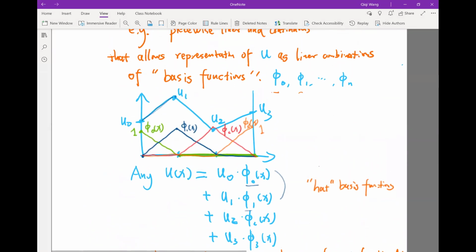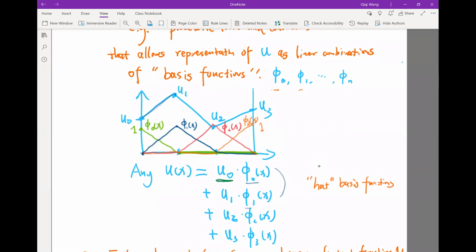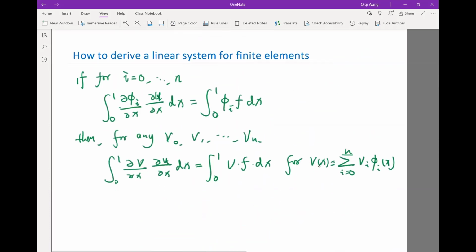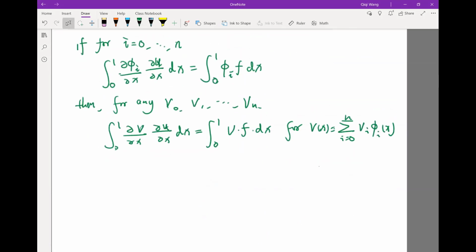And we have 4 unknowns because the solution u can be represented as a linear combination with 4 unknown coefficients. So that gives us 4 equations, 4 unknowns. Okay, so let's actually write down these 4 equations here. These 4 equations are, for n equal to 3, n plus 1 equations.